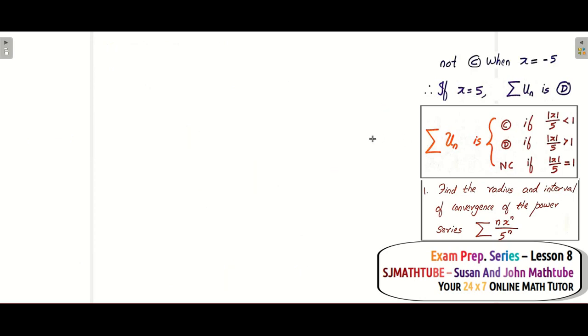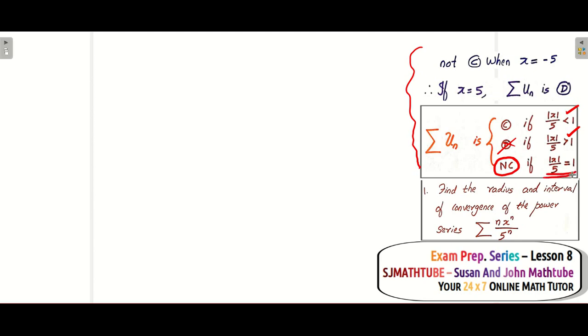There it goes. Okay, now time to collect all these things together. So we know our series is convergent if mod x by 5 is less than 1 and divergent if mod x by 5 is greater than 1. Of course, I'm not interested in this. And we don't know anything about this. That means no conclusion or test fails when it is equal to 1.